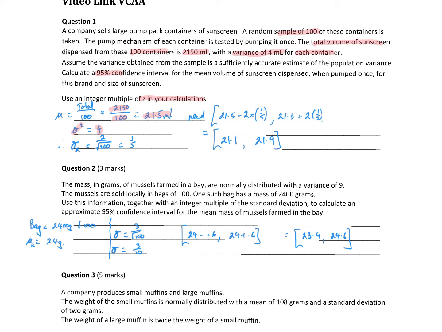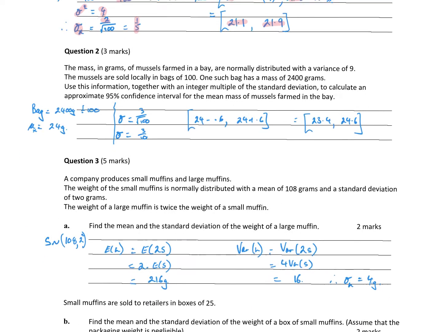So the standard deviation of my sample is 2 over root n, which is 2 over the square root of 100, 2 over 10, which is 1 over 5. So I need a 95% confidence interval, so it's 2 standard deviations plus or minus. So plus 2 minus 2 gives me 21.1 to 21.9, okay?